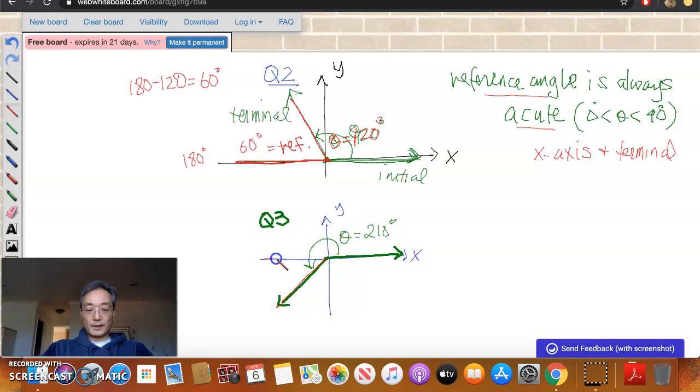Here is the x-axis. So our reference angle is right in here. This is 180 here. So to find the reference angle, we would take 210, subtract 180 from it, and we would get our reference angle. So 210 minus 180 gives us 30.